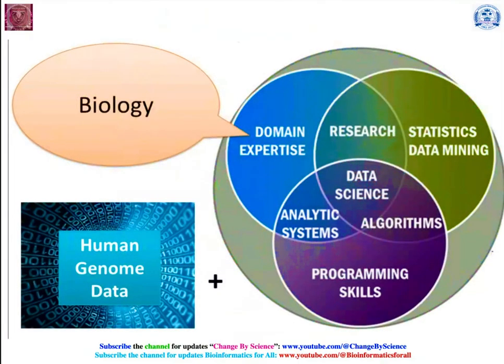Now, if you have decided that you are going to work in the field of biological data science, then please be dedicated to domain expertise, research, statistics, data mining, data science, algorithms, analytics, systems, programming skills, and of course, human genome data or human multi-omics data.